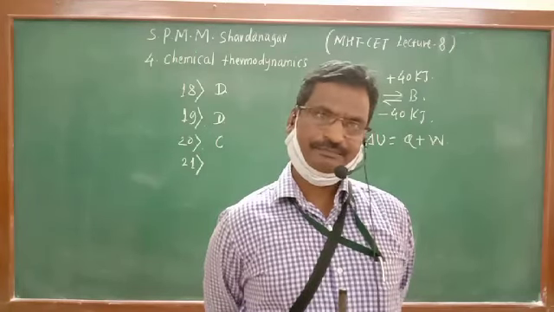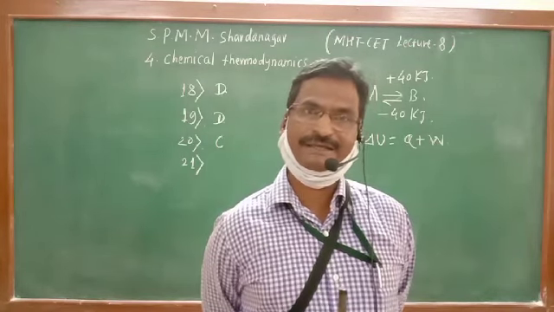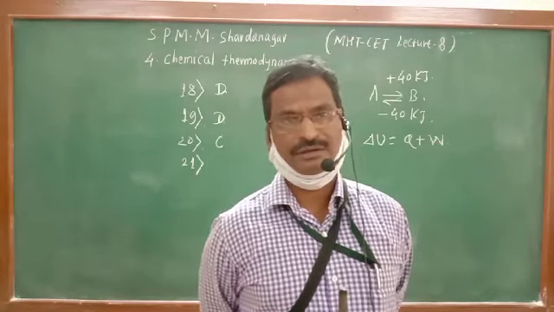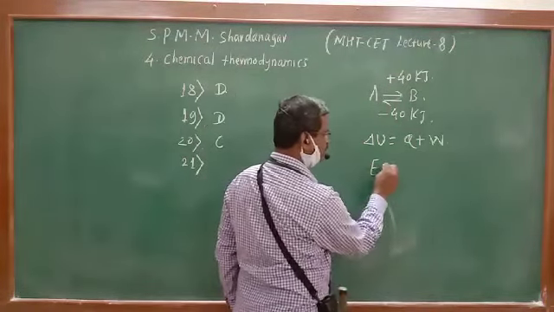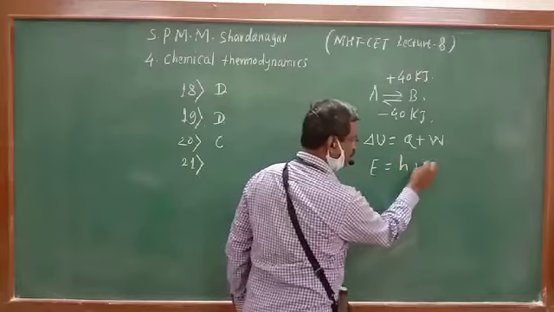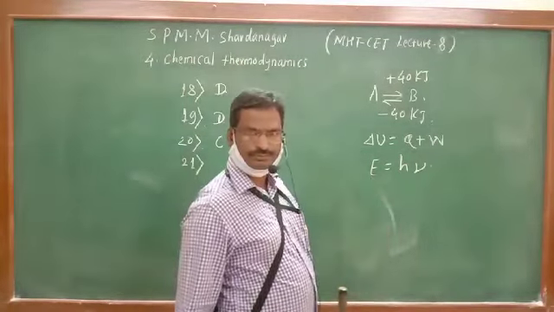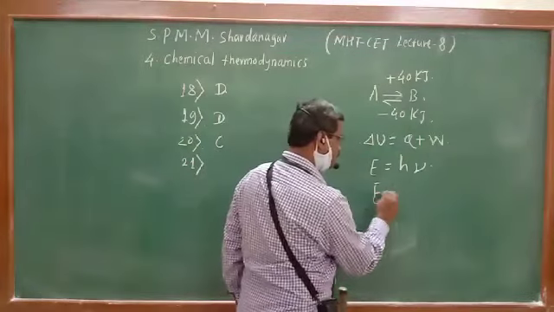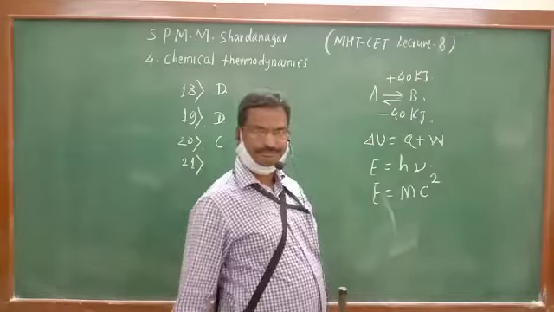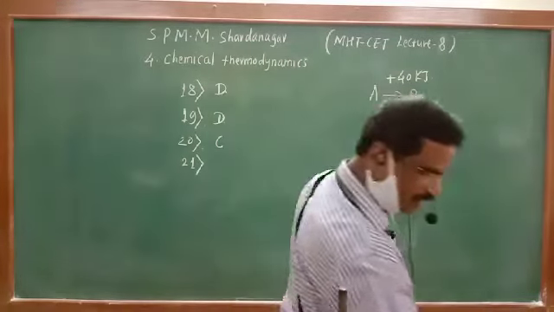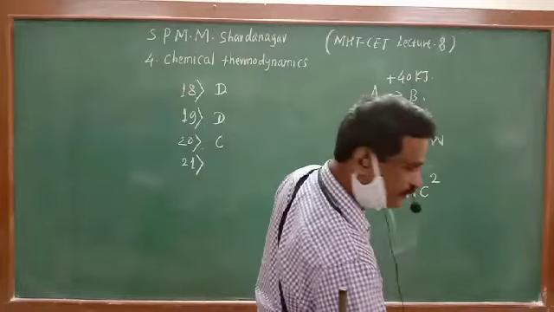But whenever one form of energy is converted to another form of energy, we know that according to Einstein's equation, energy is equal to h nu, or energy is equal to mc square. Energy is nothing but mc square. See this equation.